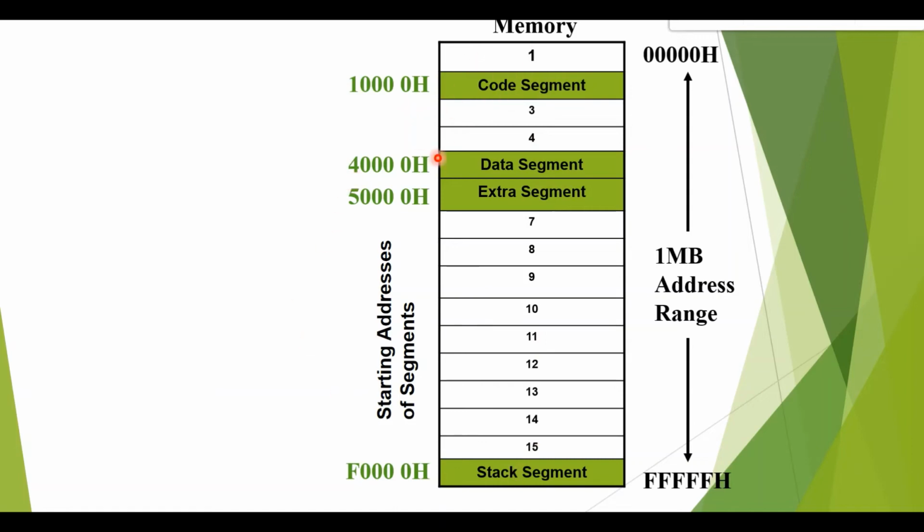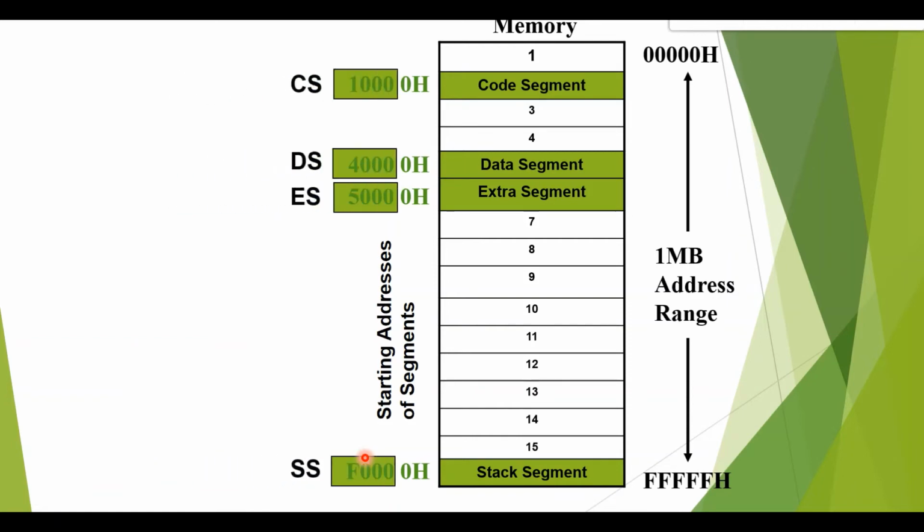Okay. Out of this 20-bit address, the starting 16 bits are held in the segment register. So this 1000 in hexadecimal is stored in the code segment register, 4000 is stored in the data segment register, 5000 is stored in the extra segment register, and F000 is stored in the stack segment register.